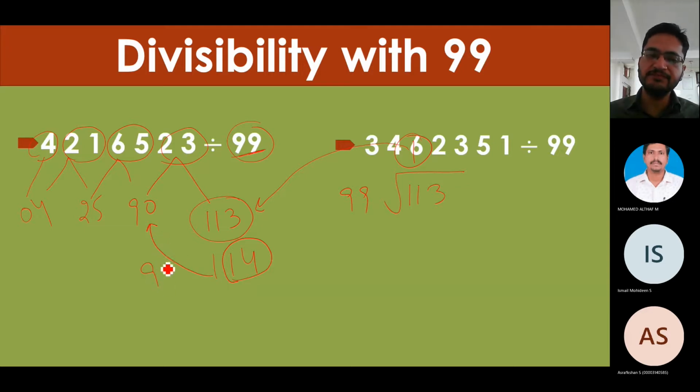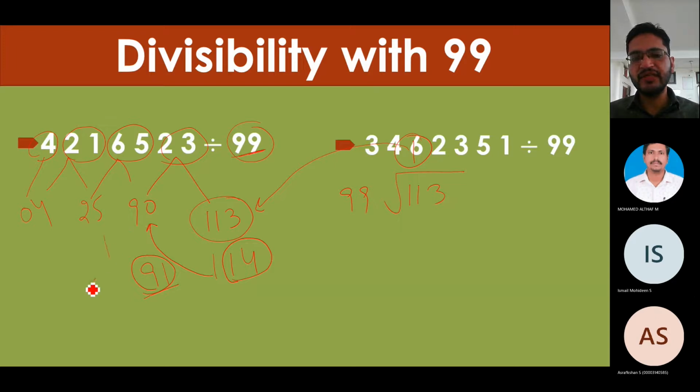It is 91. Everywhere we will take two digits. If it is a three-digit number, then we will take two digits as it is and I will add that one digit to the next number.